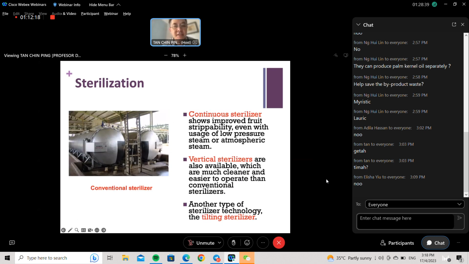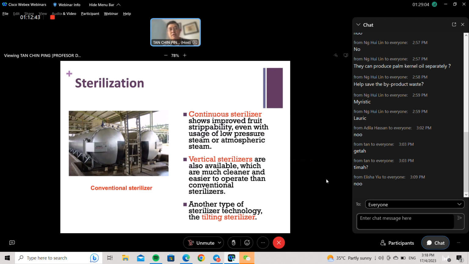So this is a typical conventional sterilizer. If you ask me what is the size of this sterilizer, I can go in very easily with my height, which means you can walk in through this sterilizer. Nowadays, all sterilizers have a proper safety feature.